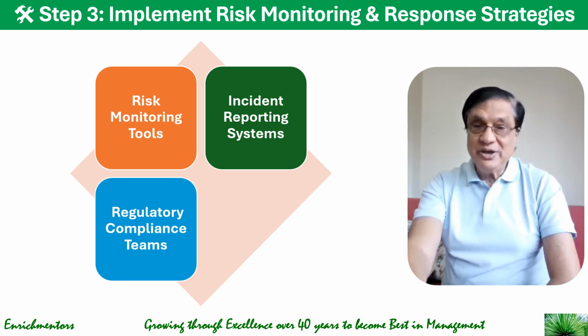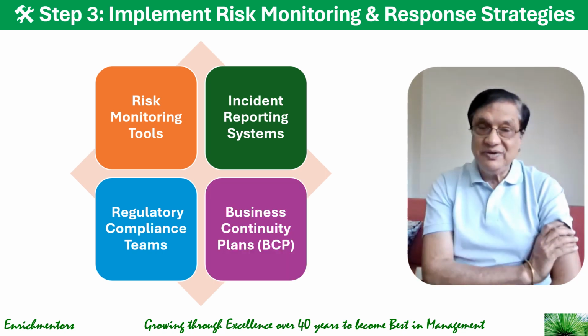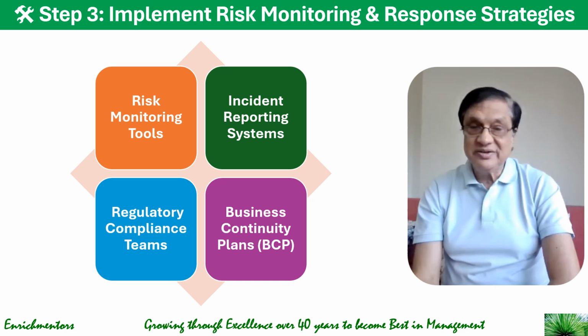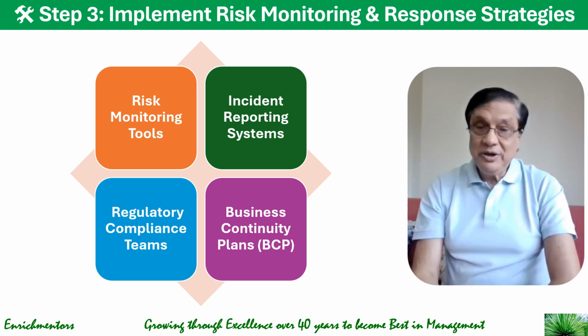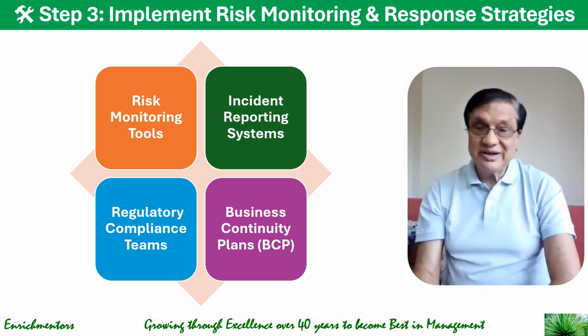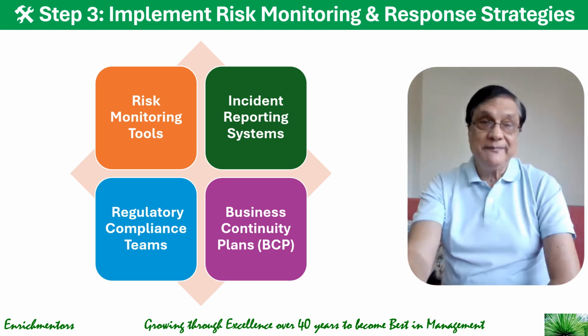The third would be regulatory compliance teams, where you assign teams to monitor legal and policy changes affecting operations. And then there could be business continuity plans that we have talked about, where you develop contingency plans for critical risk categories. Remember to conduct quarterly risk reviews to ensure all threats are accounted for, right?